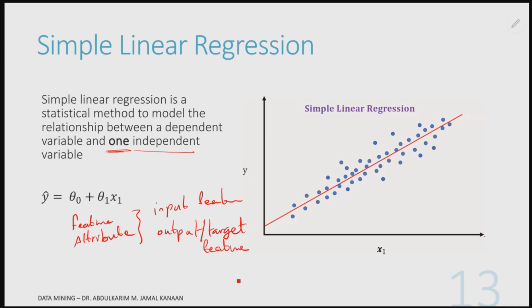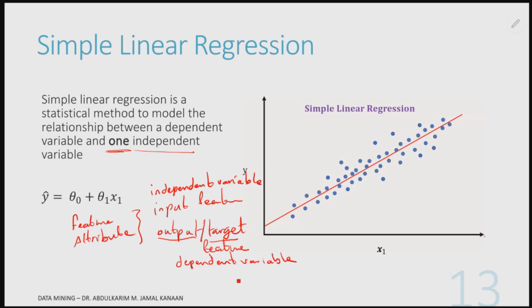Another name for input feature, we call it independent variable, while the output or target, we call it dependent. Same name.